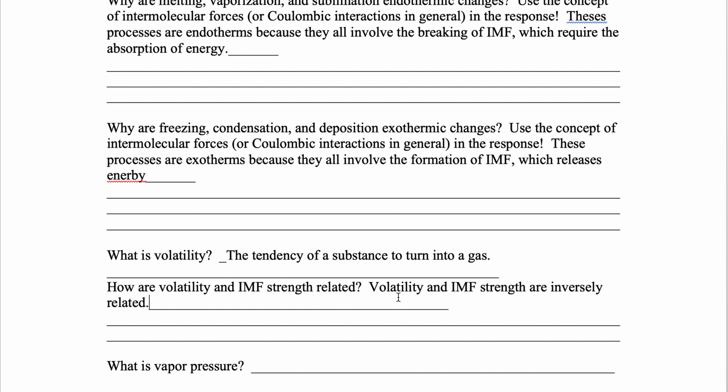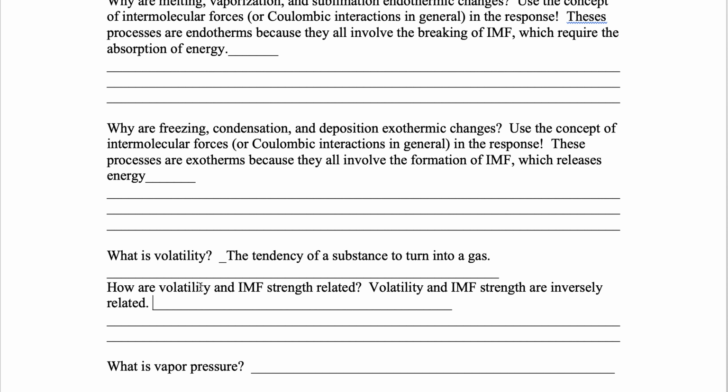If you were to say something about that on a test, and this happens all the time, even after I've said what I'm about to say many times, what students will say is that as IMF strength increases, volatility decreases.